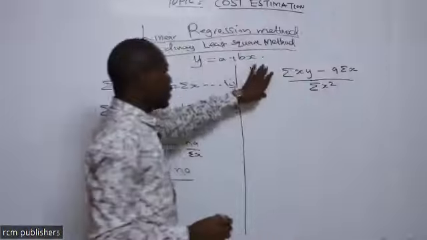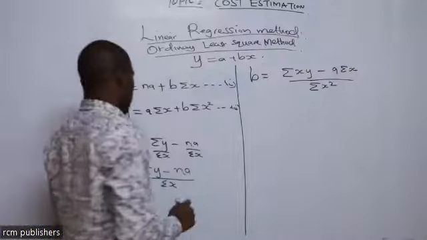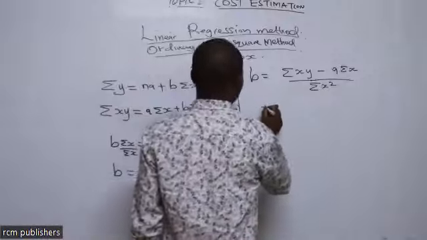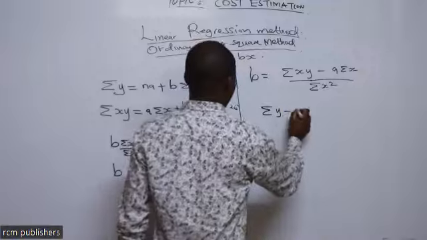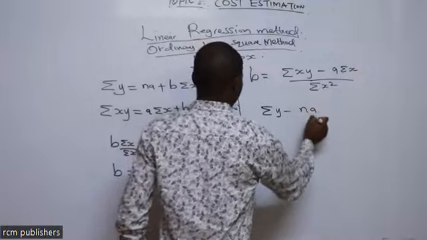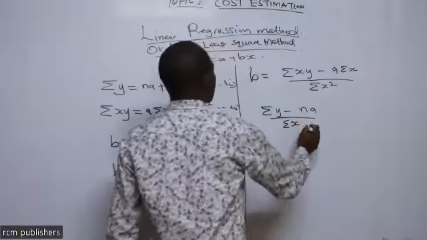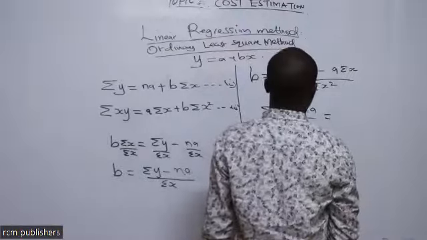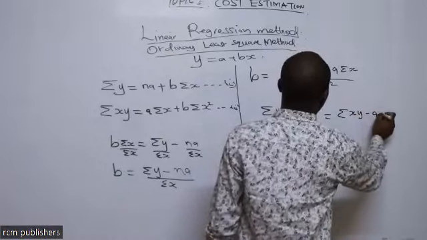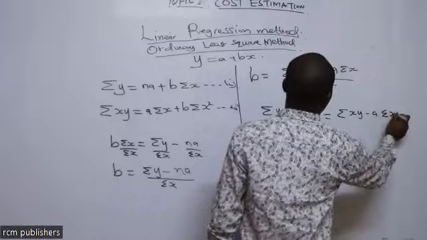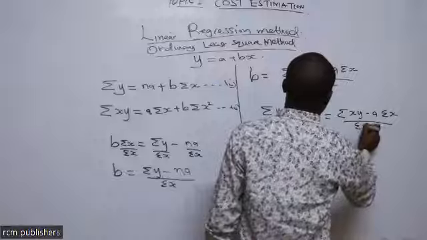So we have B, and B is equal to B. So it means summation of Y minus NA divided by summation of X is equal to summation of XY minus A summation of X divided by summation of X squared.